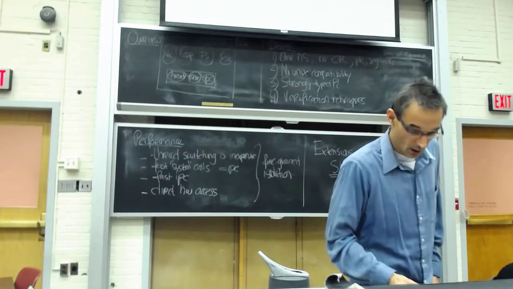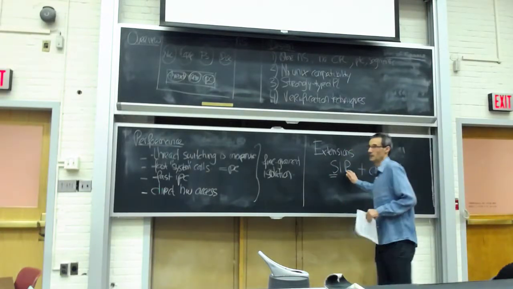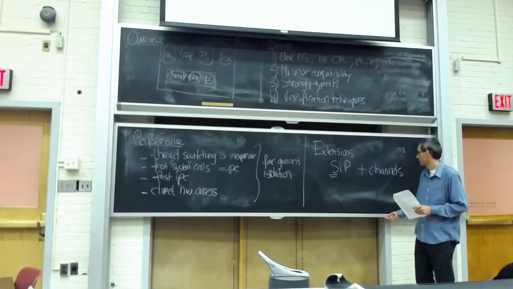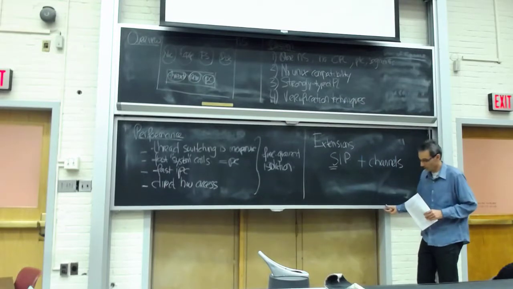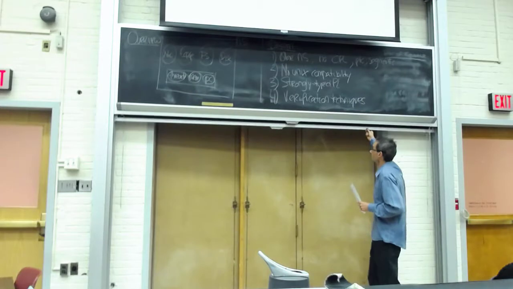Okay, so if this is your extension mechanism, where you're only using these isolated processes and channels, there are a number of challenges that you need to address that guide most of the rest of their design.